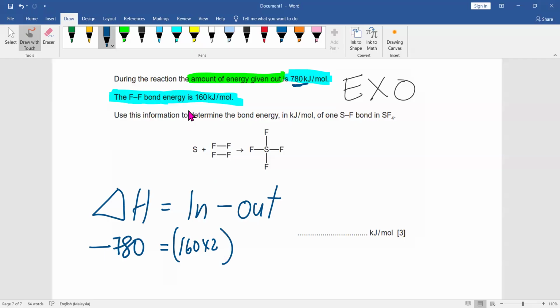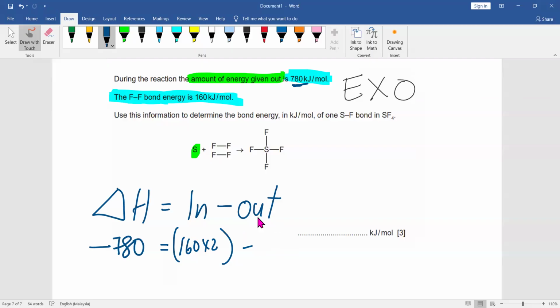Why is it 160 times 2? Because it's 2F. And then minus out. Out is what? That's FS. S is an element. An element has nothing to break, right? It's alone. You only break when there's something to break. It's alone, nothing to break. It doesn't do anything, right?